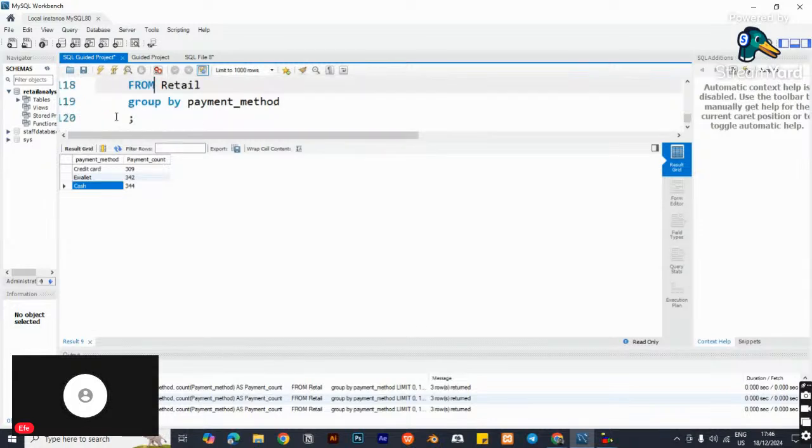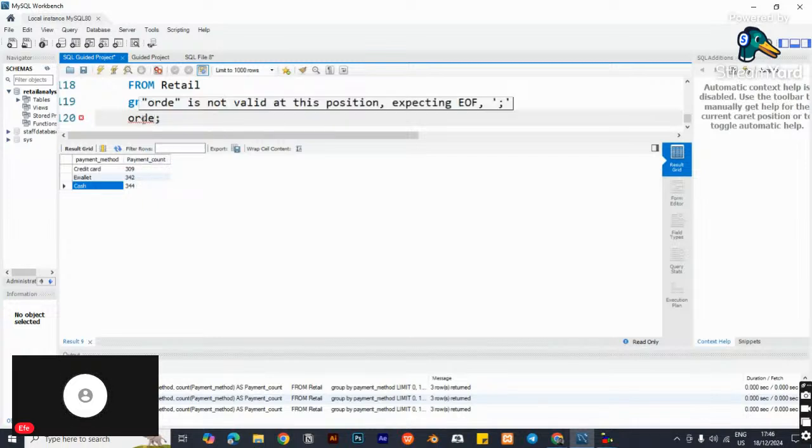The next thing we'll do is use the order by keyword. You can see we have credit card here, 309, and we want this 344 to come to the top. So what are we ordering by now?